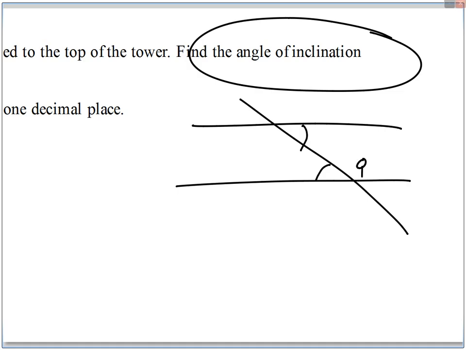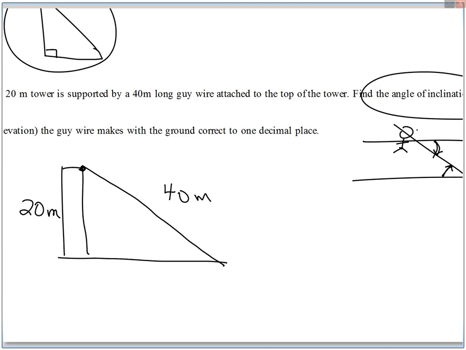If you're a person here, you look up from the ground. If you're a person here, you look down from the imaginary horizontal. Okay? So angle of elevation is always this guy. This one was quiz 4, so I'm just going to do it quickly.